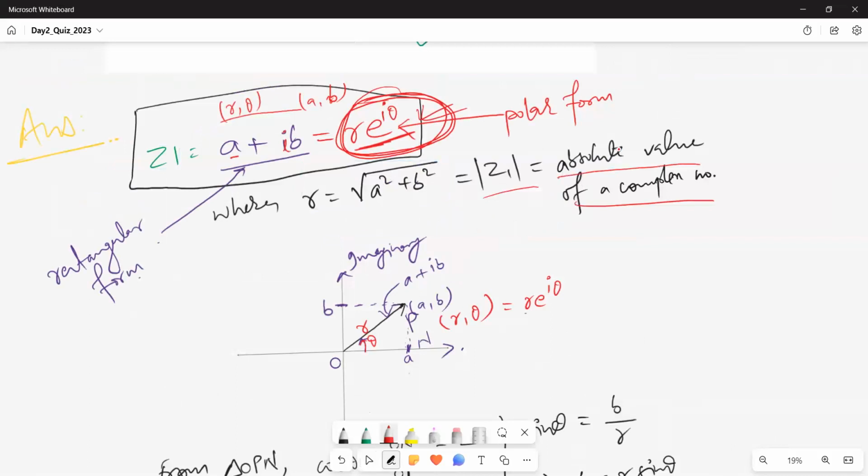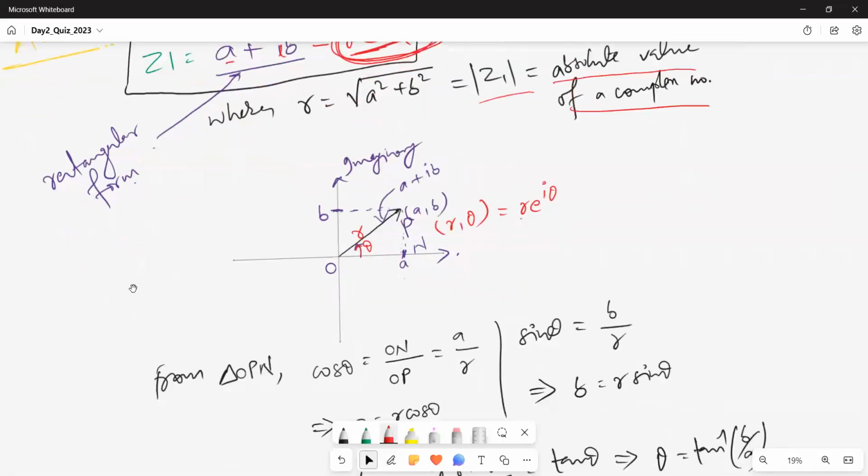When you write it in the complex plane, this is our real axis and this is the imaginary axis. So a is our real component, and b is our imaginary component. When you plot it, you get a line for this complex number, and a comma b is that point.